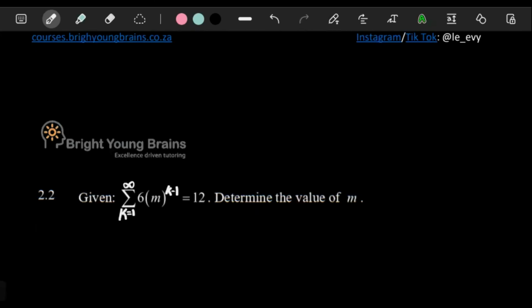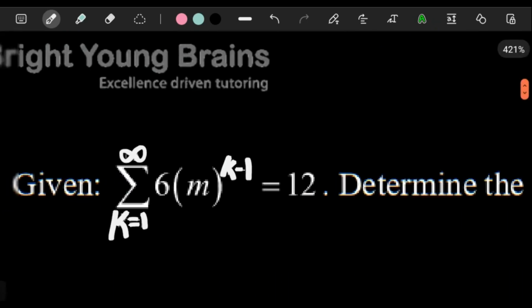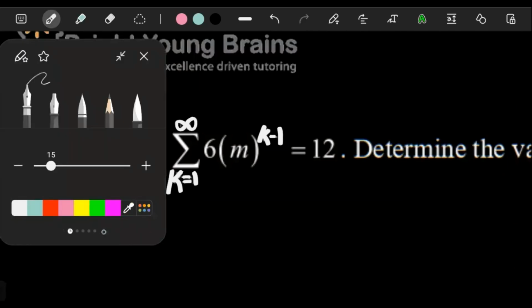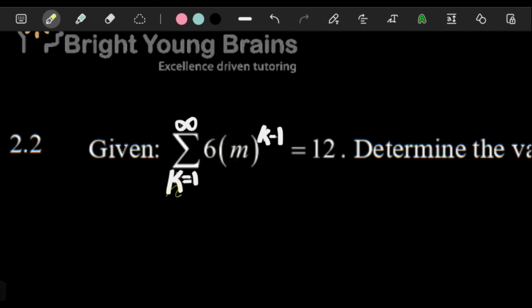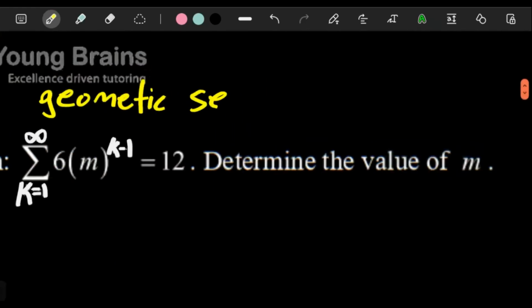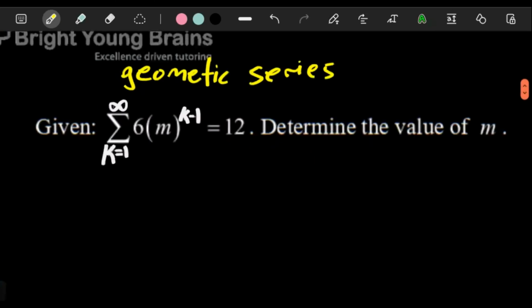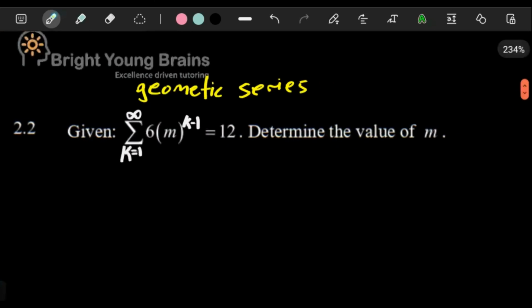So when it comes to sigma notation questions, the one thing you want to remember is they are already giving you all the information you need just by giving you this expression. So the idea is, as long as you see here the variable you're dealing with is a k, and this k is an exponent, it means that you're dealing with a geometric series.